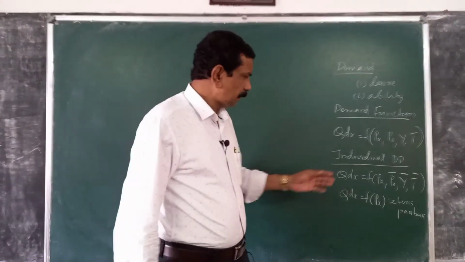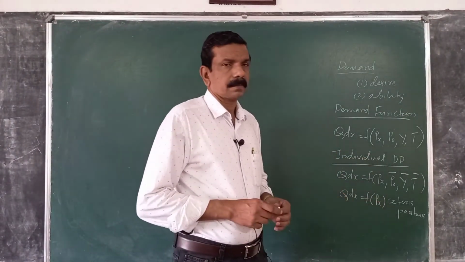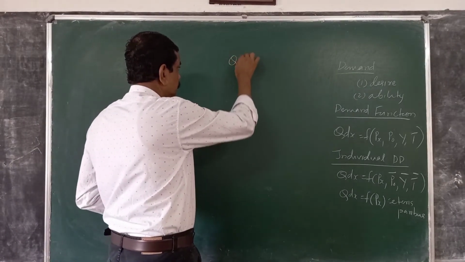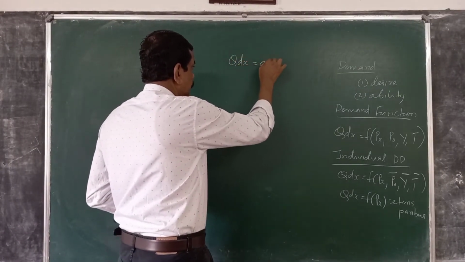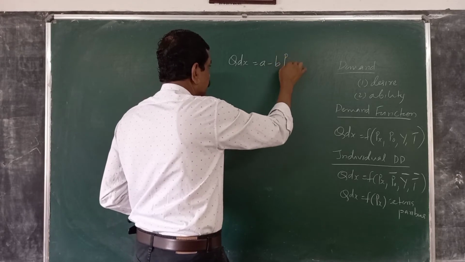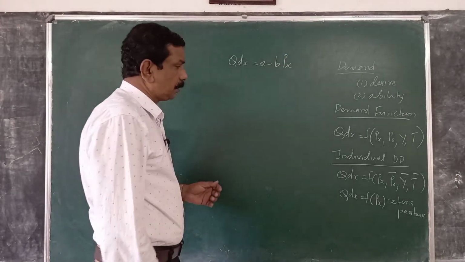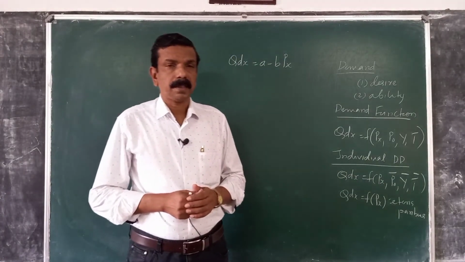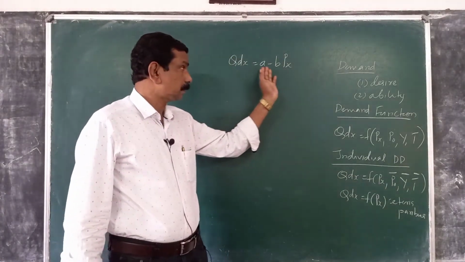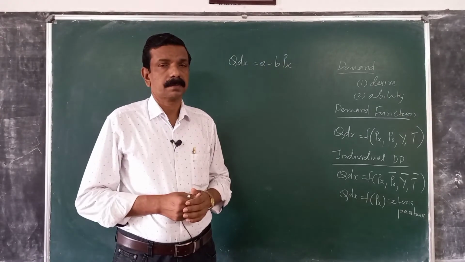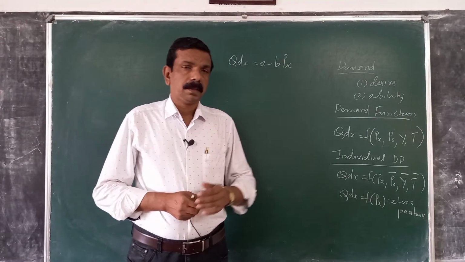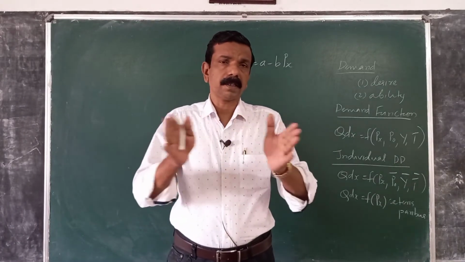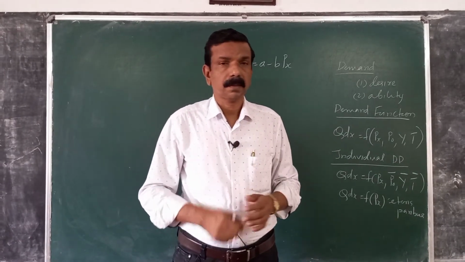Now, if the demand function is linear, we can write it as Qdx equals a minus bPx. The demand curve can have any shape, but we assume for the time being that it is linear.